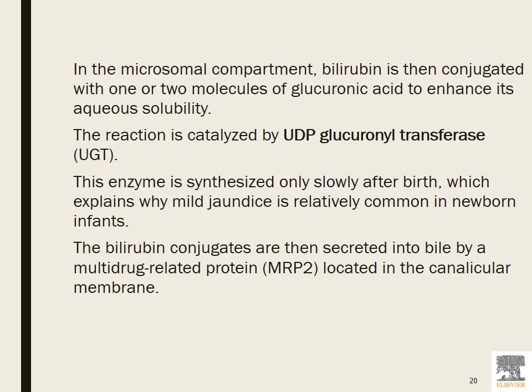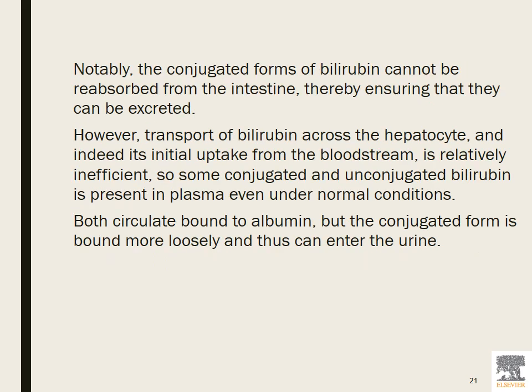Bilirubin conjugates are then secreted into bile by a multidrug resistance-related protein located in the canalicular membrane. Notably, the conjugated forms of bilirubin cannot be reabsorbed from the intestine, thereby ensuring that they can be excreted.